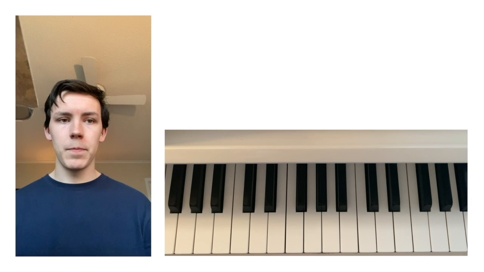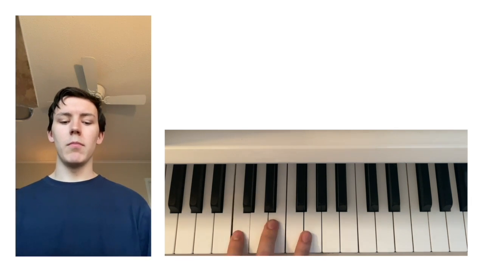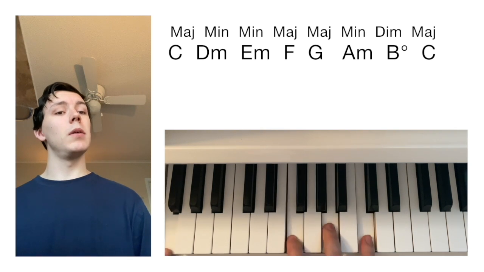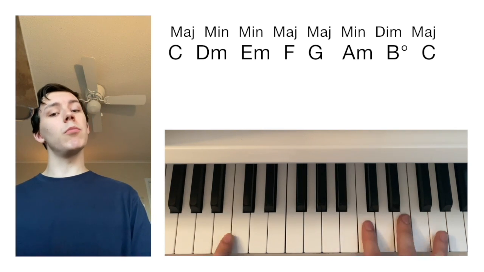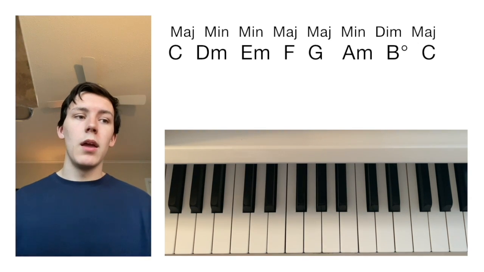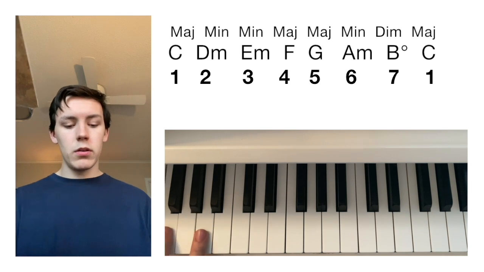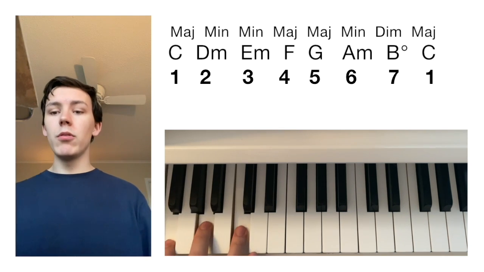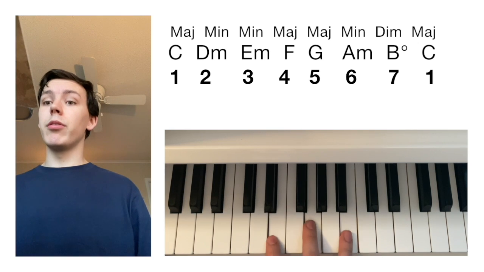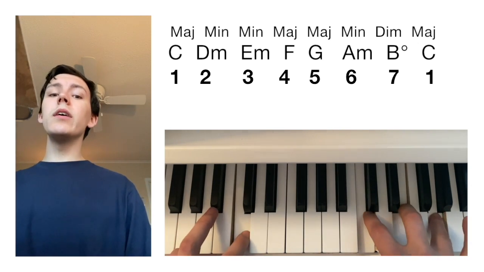But that's always the pattern for a major scale: major, minor, minor, major, major, minor, diminished, major. And so again, we can think about that in numbers. So we're going to be playing 1, 2, 3, 4, 5, 6, 7, 1.